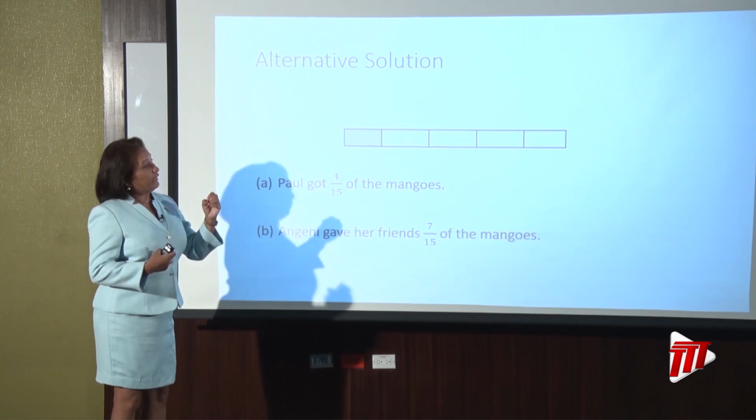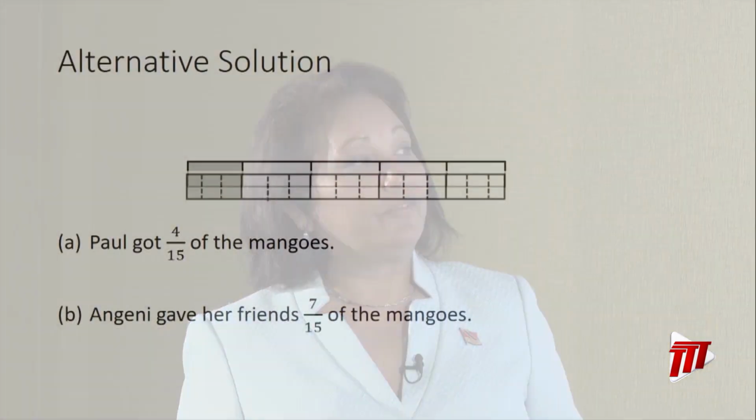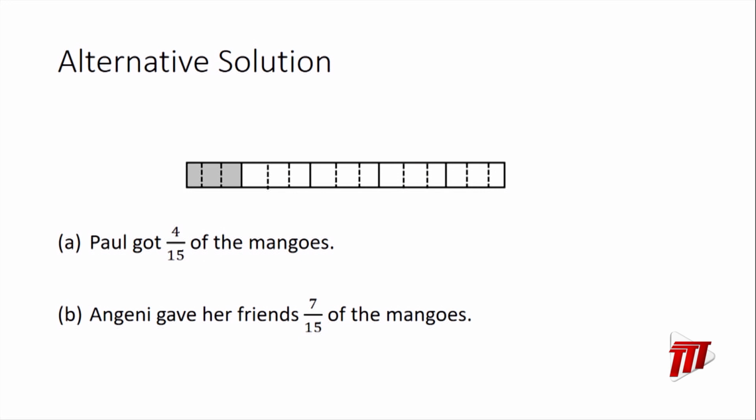What we do is we divide each of those 4/5 pieces. Each fifth we're going to divide into 3 equal pieces. So in effect, we are going to divide the entire bar into 15 pieces. Jenny still got her 1/5. It's just that in this bar now, 1/5 represents 3/15. Paul is going to get 1/3 of the remainder.